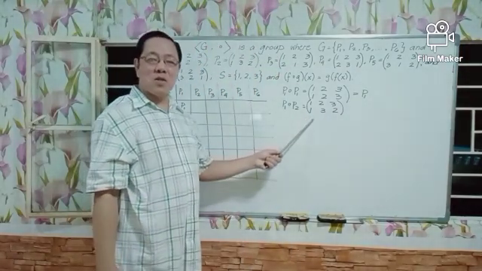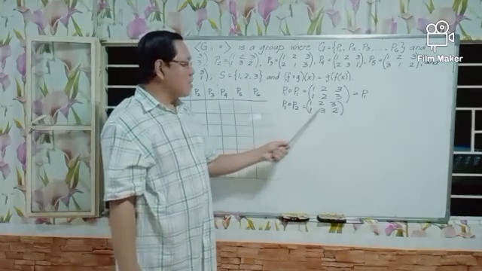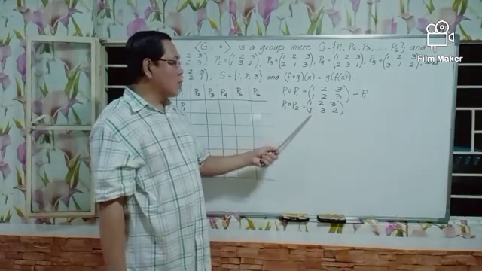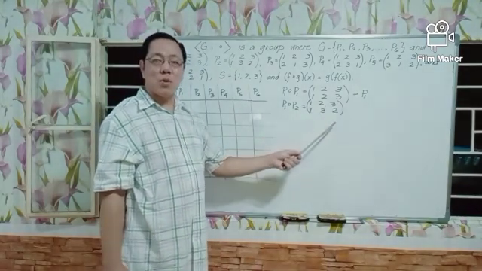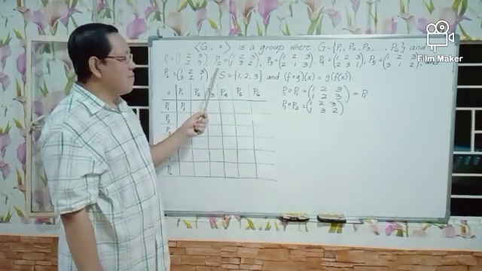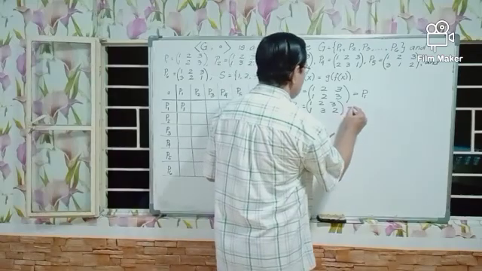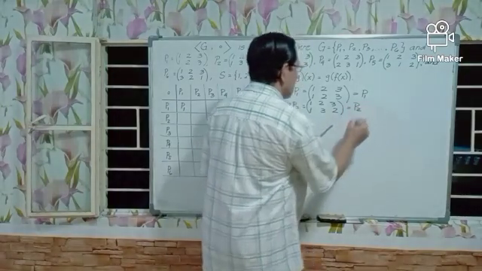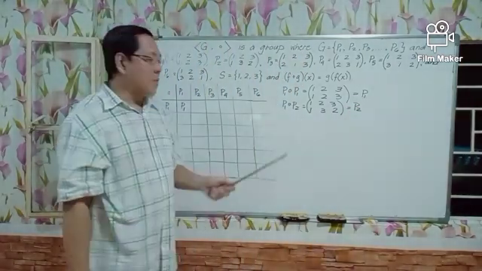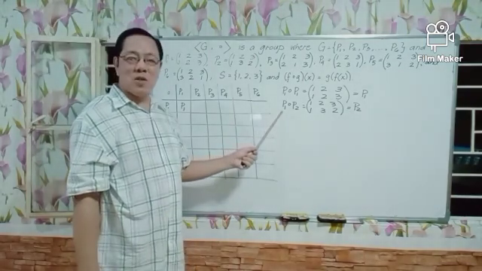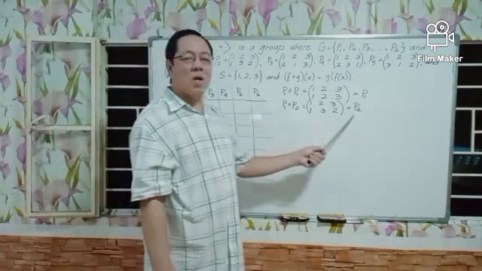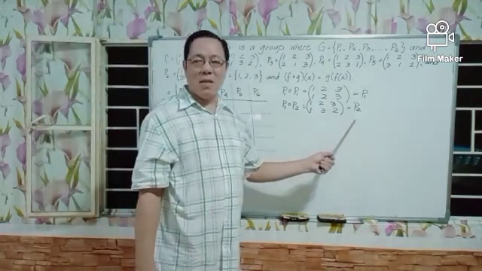But this function from set S to itself that assigns 1 to 1, 2 to 3, and 3 to 2 is exactly the function P2. Thus, the composition of the functions P1 and P2 equals P2. And we write that in the table.